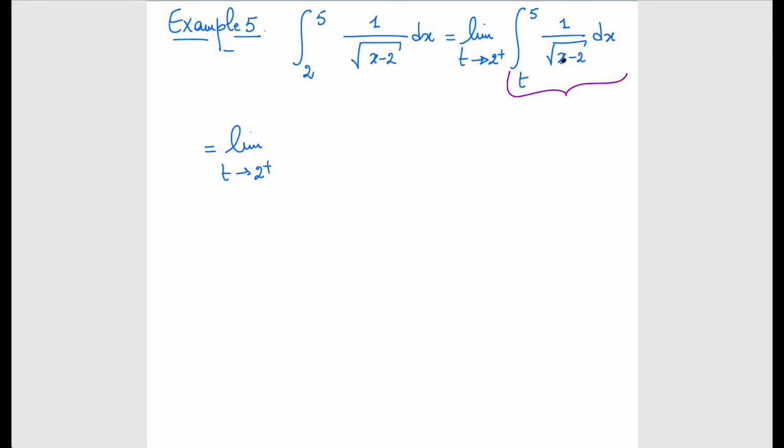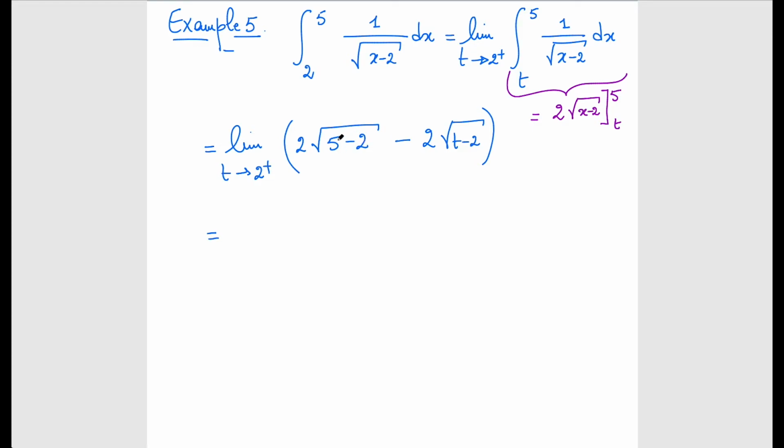You can do just a simple substitution here. What you're going to get is 2 square root of x minus 2, evaluated between t and 5. Okay, so this is then equal to the limit of that. This evaluated at 5 is 2 square root of 5 minus 2, minus 2 square root of t minus 2.